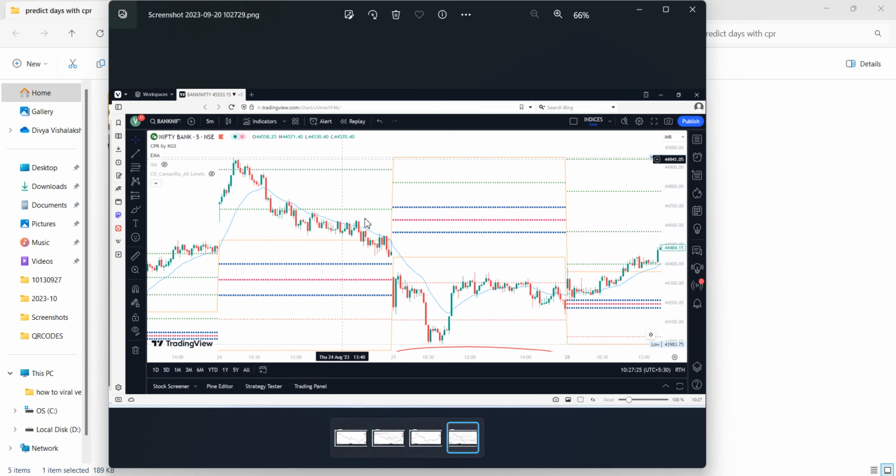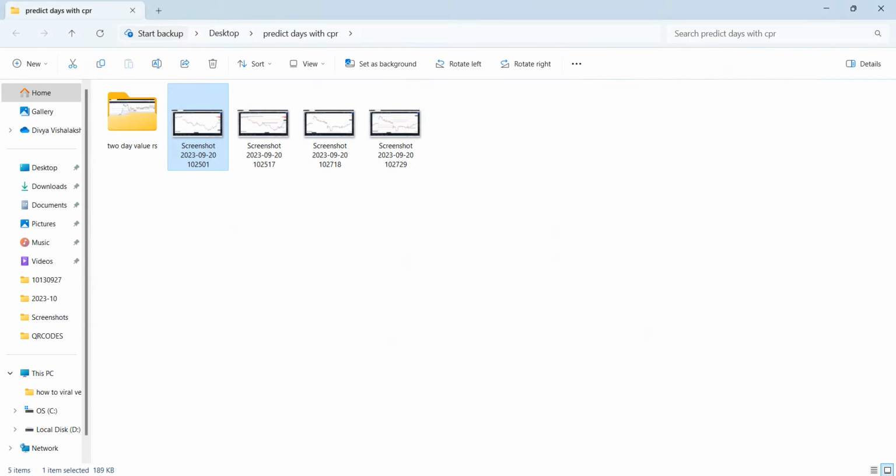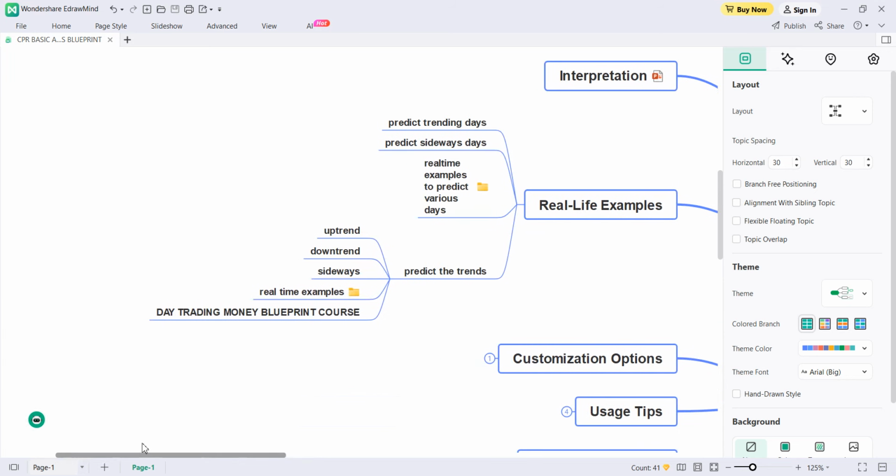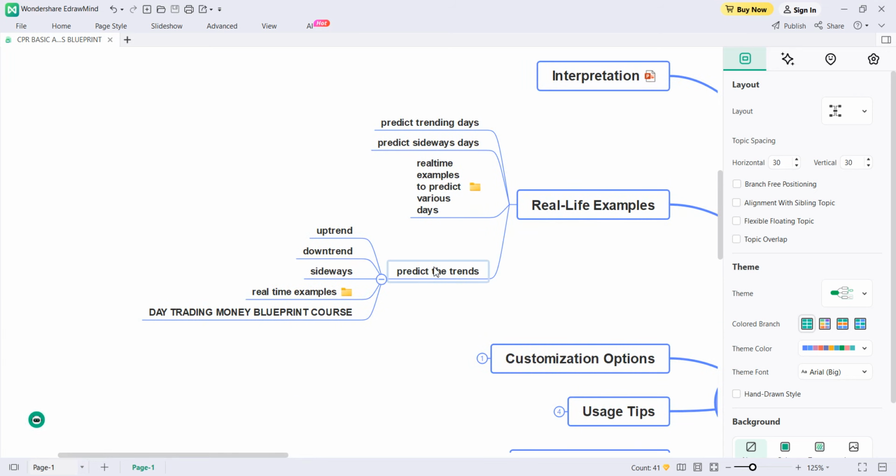Okay, now let's get into this mind map. These are the real life examples. Now see here, what is this? Predict the trends. Whenever you learn any system, you should be able to predict the trends. Without predicting the trends, you can't make good money.